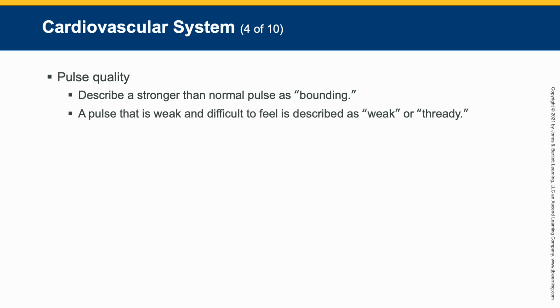Now, your pulse quality is going to tell you how well the heart is actually contracting and circulating blood. A bounding pulse feels unusually strong and may be seen in patients with a fever, anxiety, or high blood pressure, whereas a weak or thready pulse is barely palpable and may indicate shock, blood loss, or some type of cardiac dysfunction. So you want to make sure to assess pulses bilaterally, both radial arteries or both pedal pulses, to evaluate for symmetry.